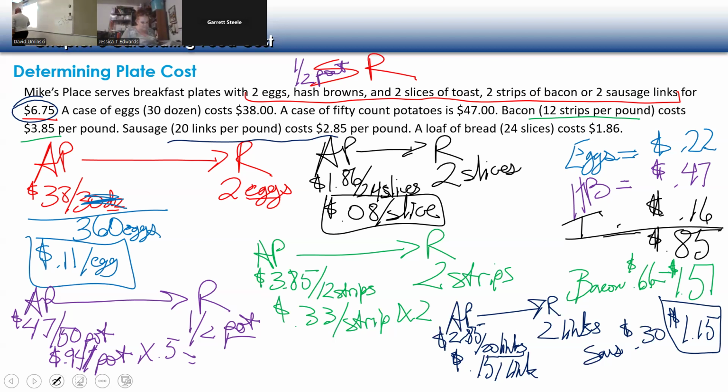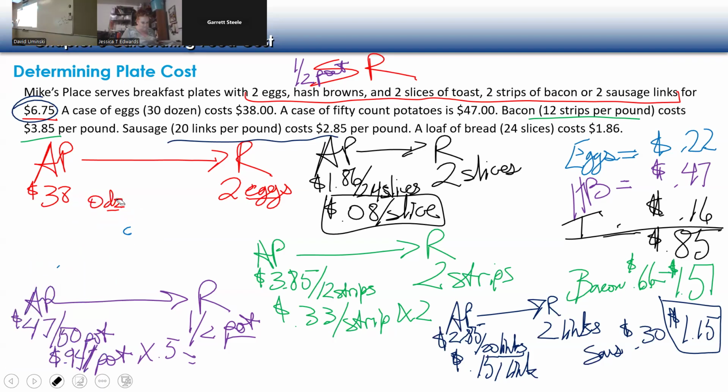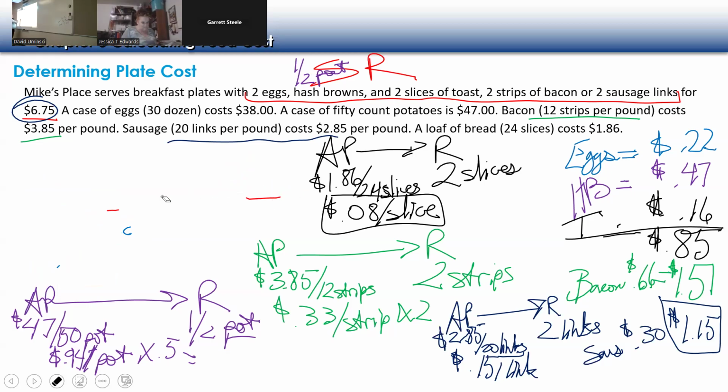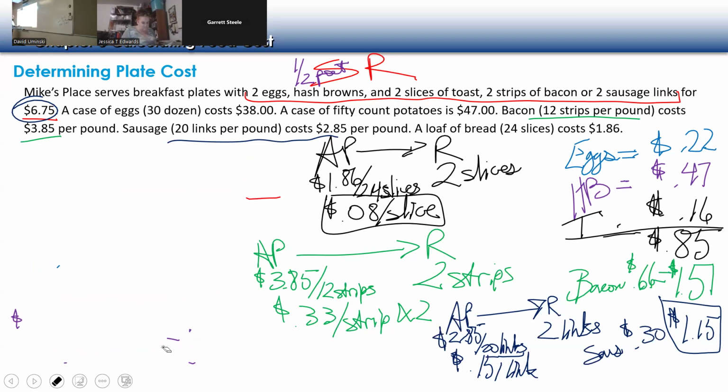Okay. So real quick, because I'm 2 minutes over what I wanted to do, that's okay. Let's pull some of our concepts together real quick. I sell it for $6.75.